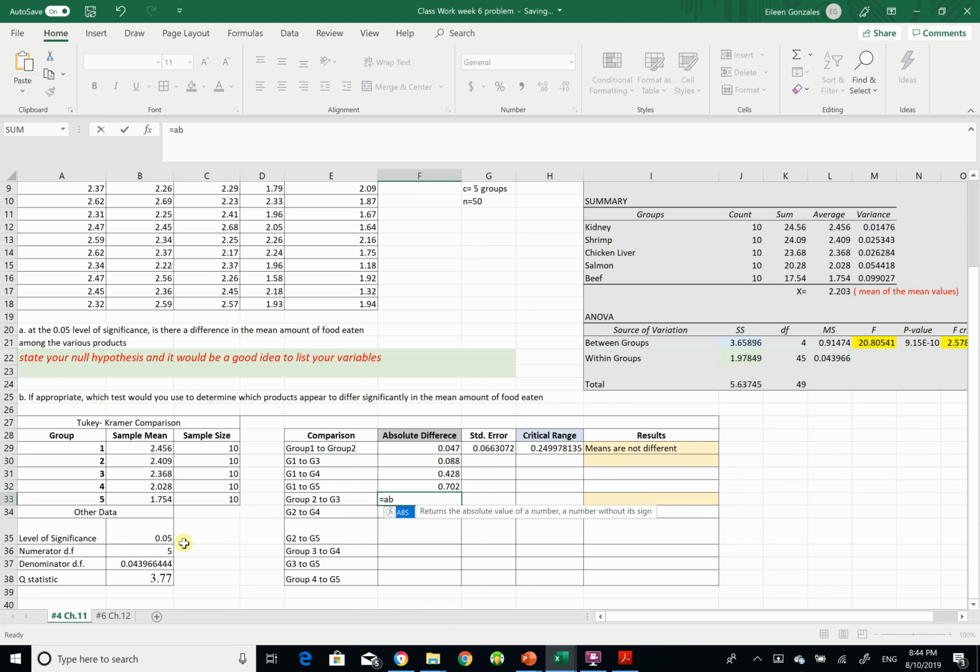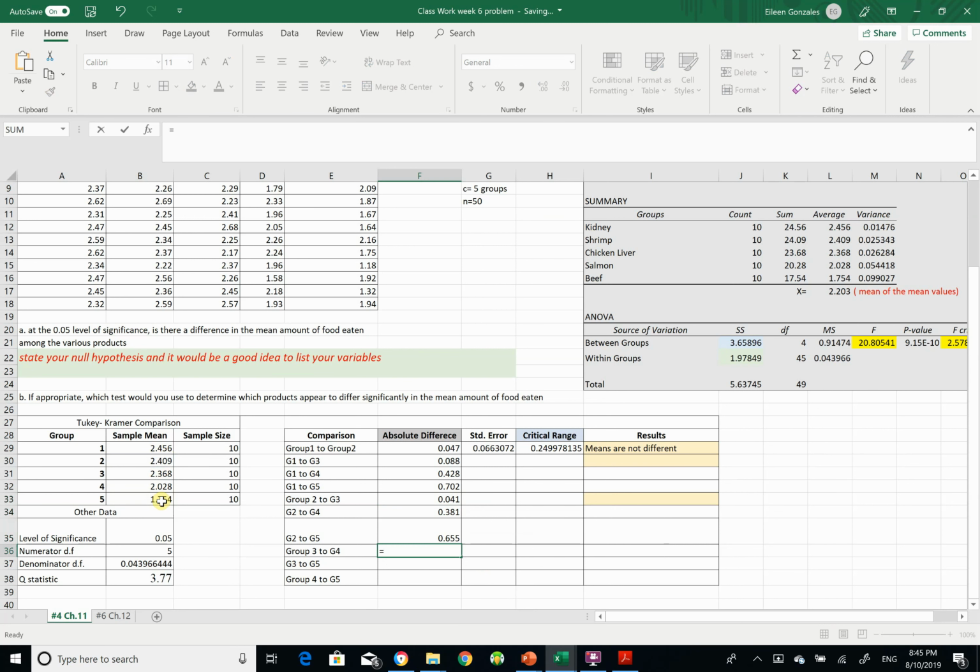We'll keep going, and according to the directions given, group 2 minus group 3, close that one out, equal to the absolute value of group 2 minus group 4, close that out. This is equal to the absolute value of group 2 minus group 5.